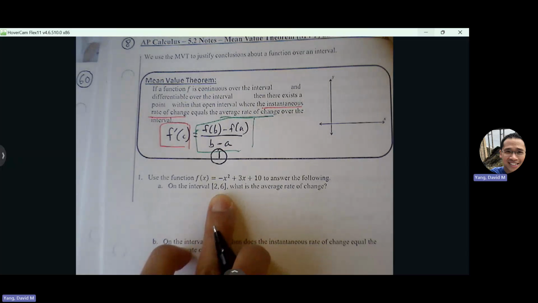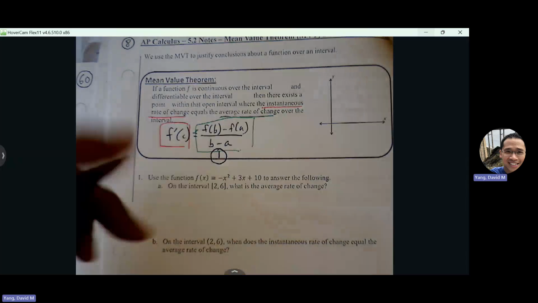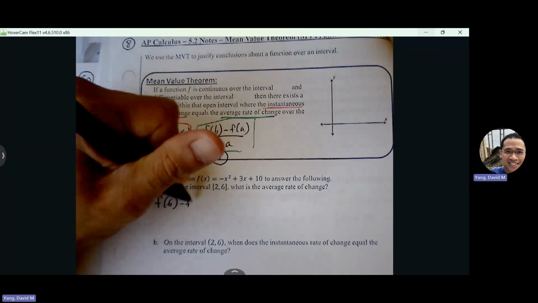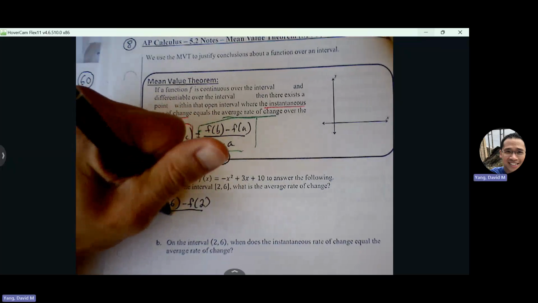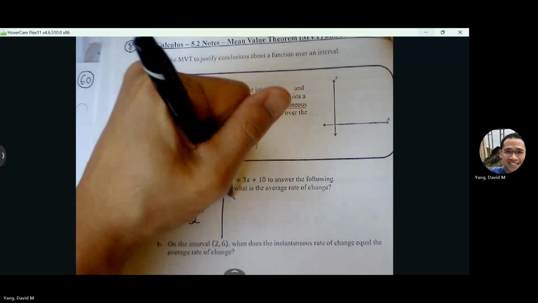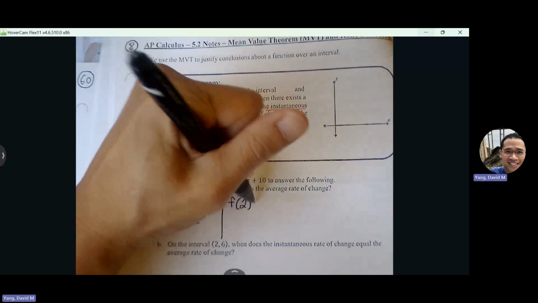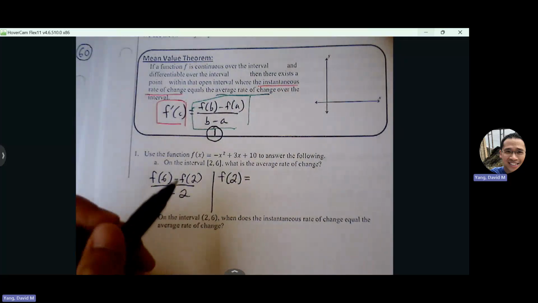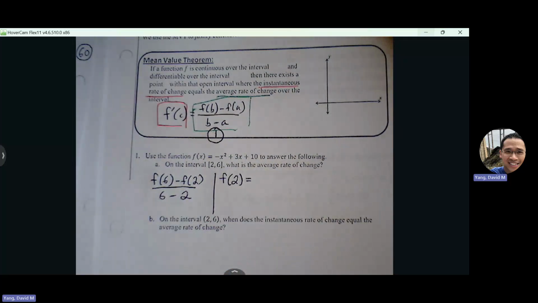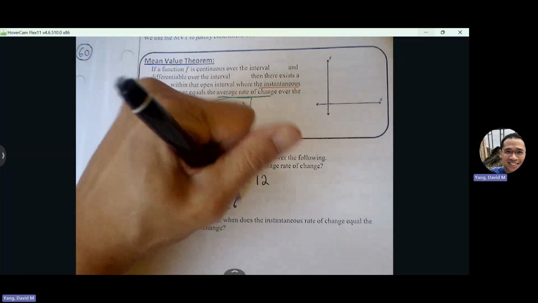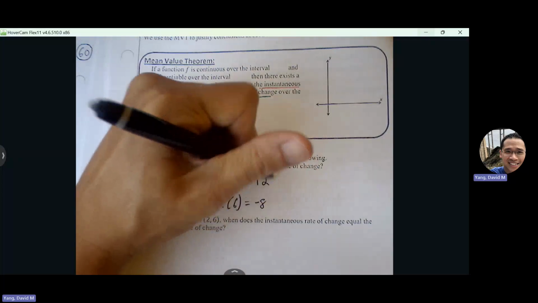So average rate of change is simply the slope between the two endpoints. So we're going to find f of 6 minus f of 2 all over 6 minus 2. Okay, you can use your calculator. But for now, if you want to just copy down the value that I find here. So f of 2, if I plug 2 into the original function, I'm going to get 12. If I plug 6 into the original function, I'll get -8.